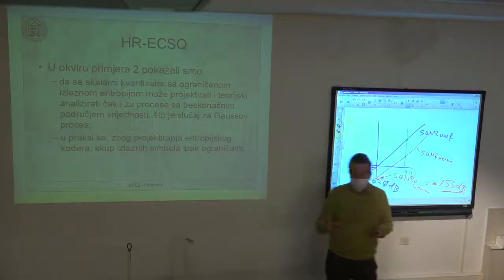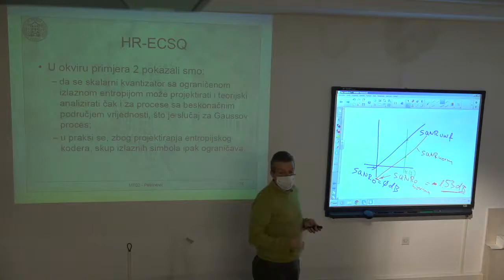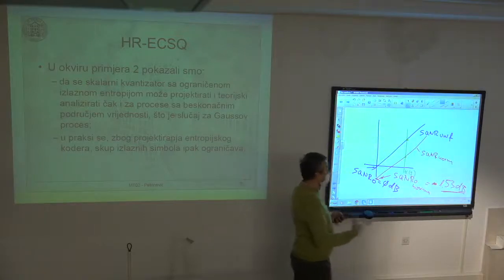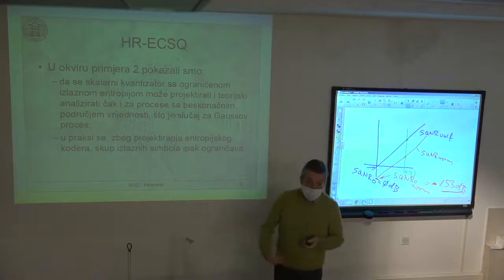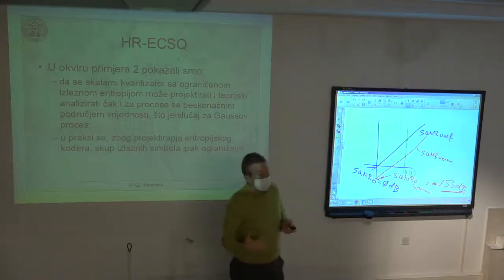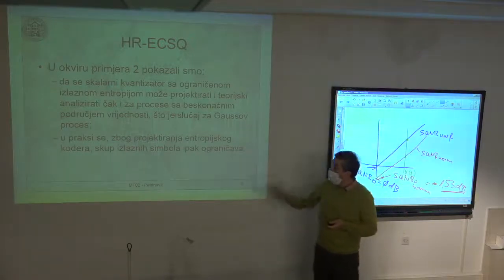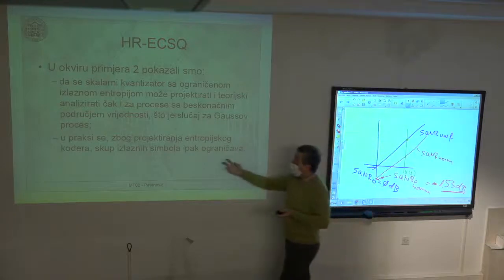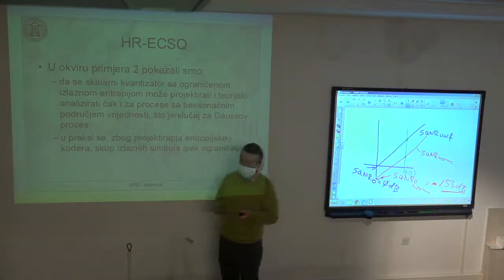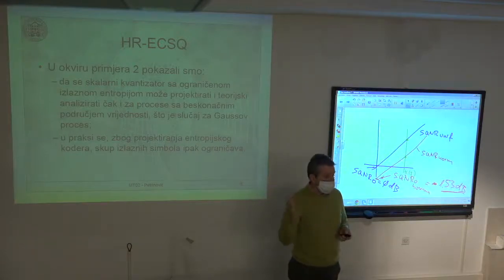And this code must somehow tabulate all possible values of I. So we have all possible integer values, and for each of these values of I, you have the corresponding code that you will send over the channel to transmit this information. And that is the practical limitation why you always have to bound the range of these indices at the output of the AD converter, due to implementational reasons, not to theoretical reasons.